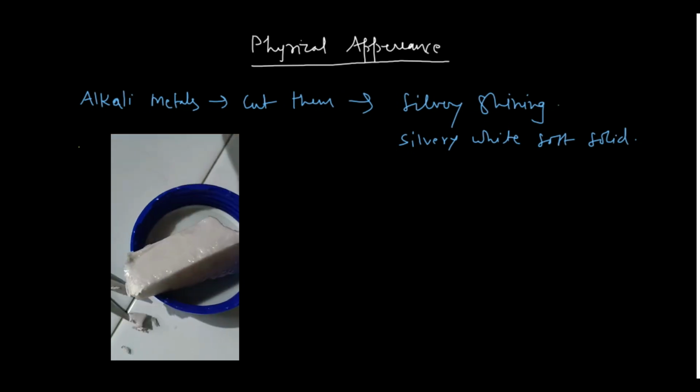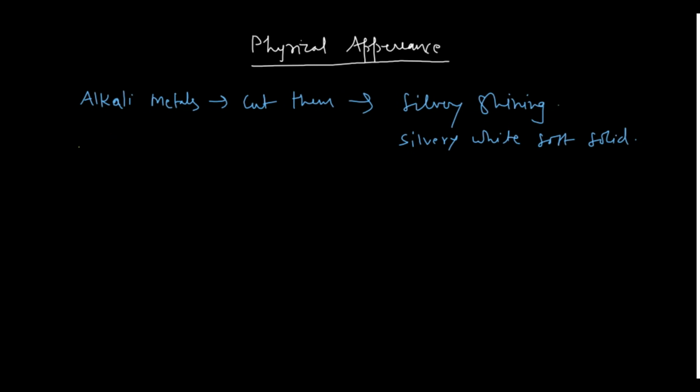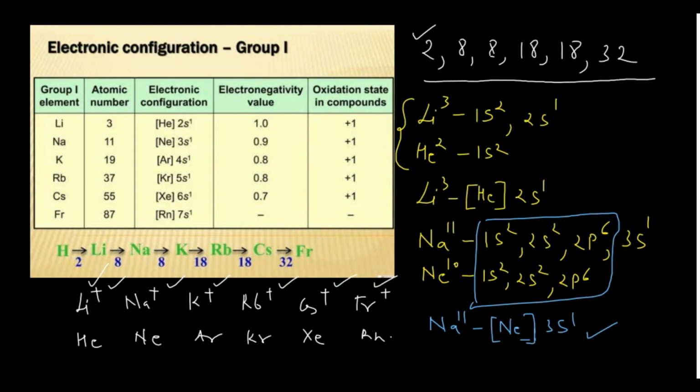Why are alkali metals soft? Iron is a very famous metal which is very hard, and other metals are also hard, but these alkali metals are very soft. What is the reason for the softness? If you go back here, you can see only one electron is present.